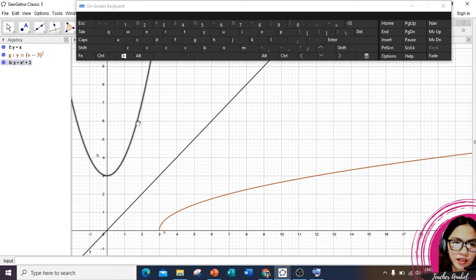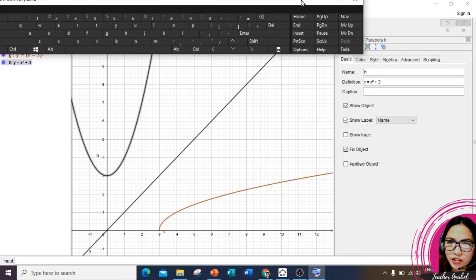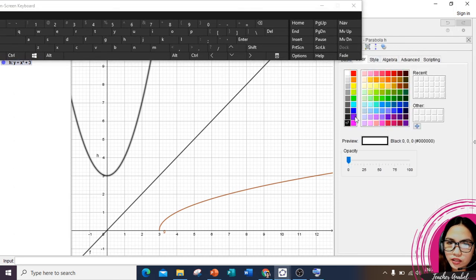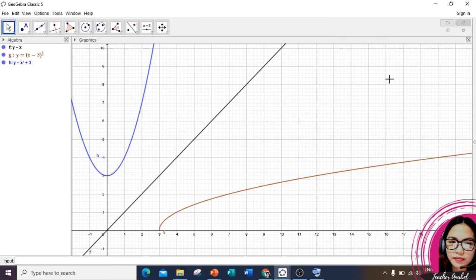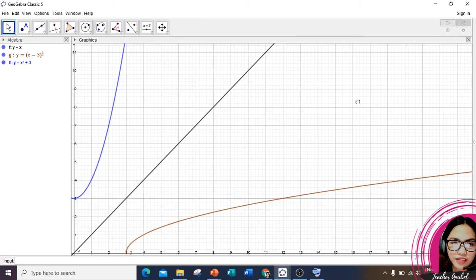Okay, palitan natin ang kulay. So again, tignan yung graph natin.